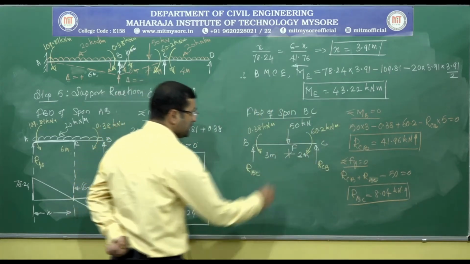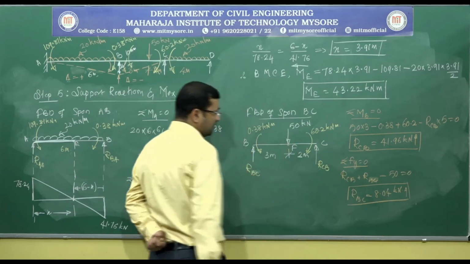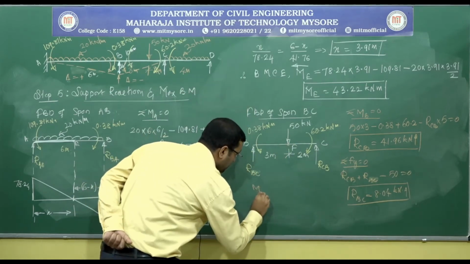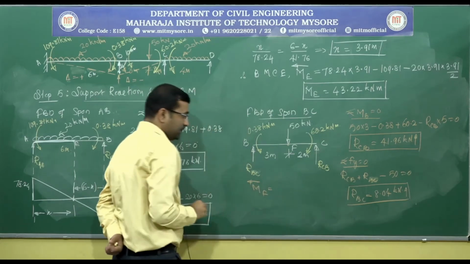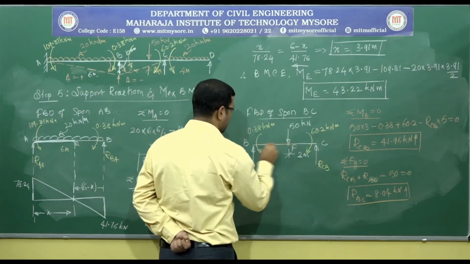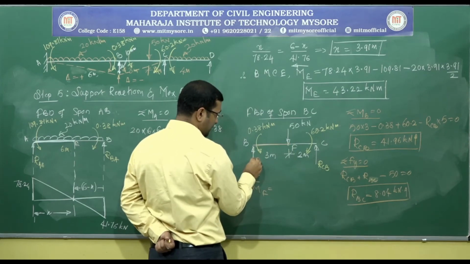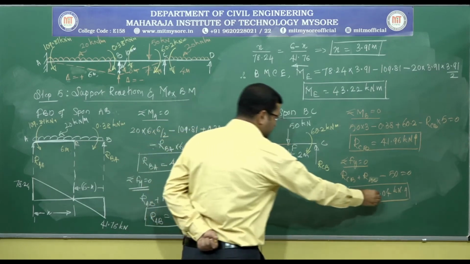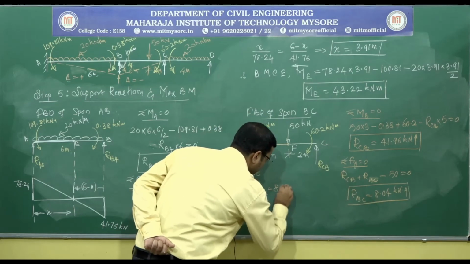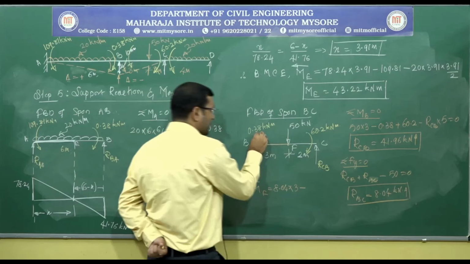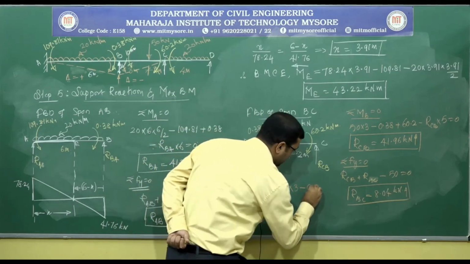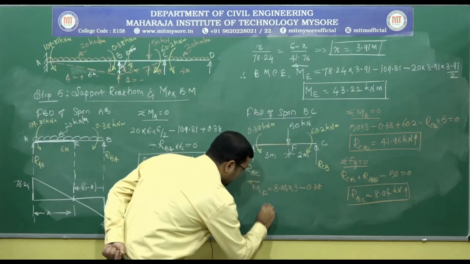Now we need to calculate the maximum bending moment under the point load. So let me consider MF in the left portion. On the left side we have a reacting component RBC, that is 8.04 into its distance, 3 meter, minus we have an anticlockwise moment, so it is 0.38.